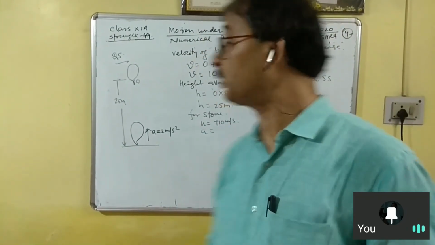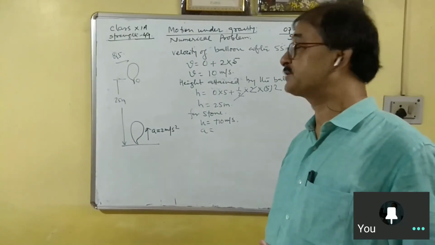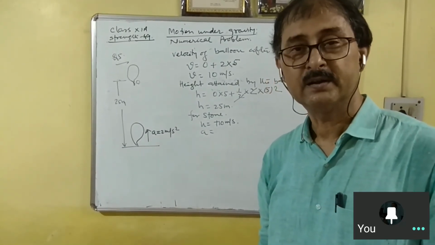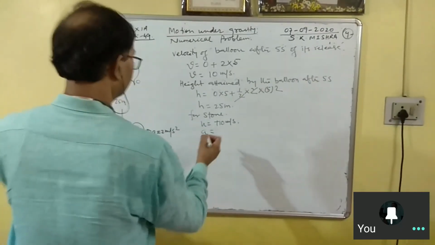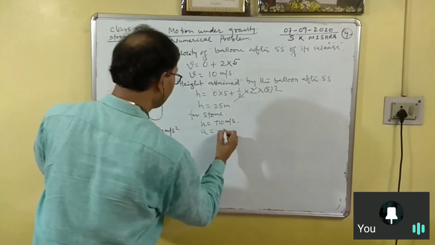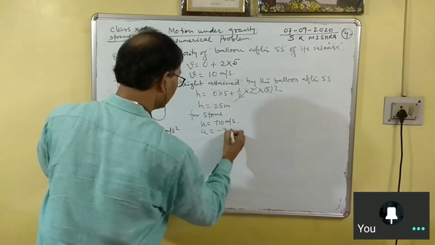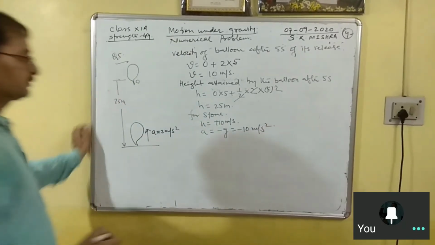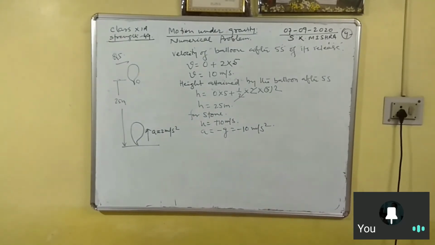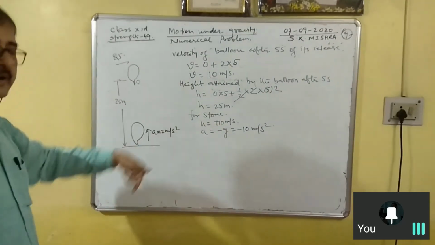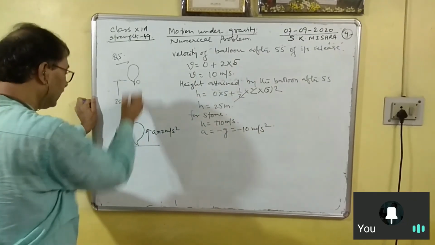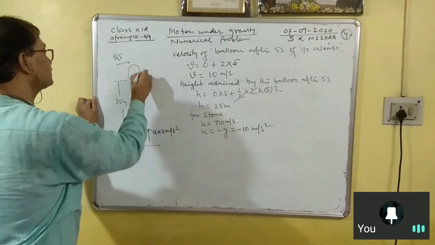Now the stone starts falling under gravity, so its acceleration is equal to acceleration due to gravity, g is minus 10 meter per second square. Take a equal to minus 10 because a is in the downward direction, u is in the upward direction, and then the total displacement of the stone. So the stone will move like this.